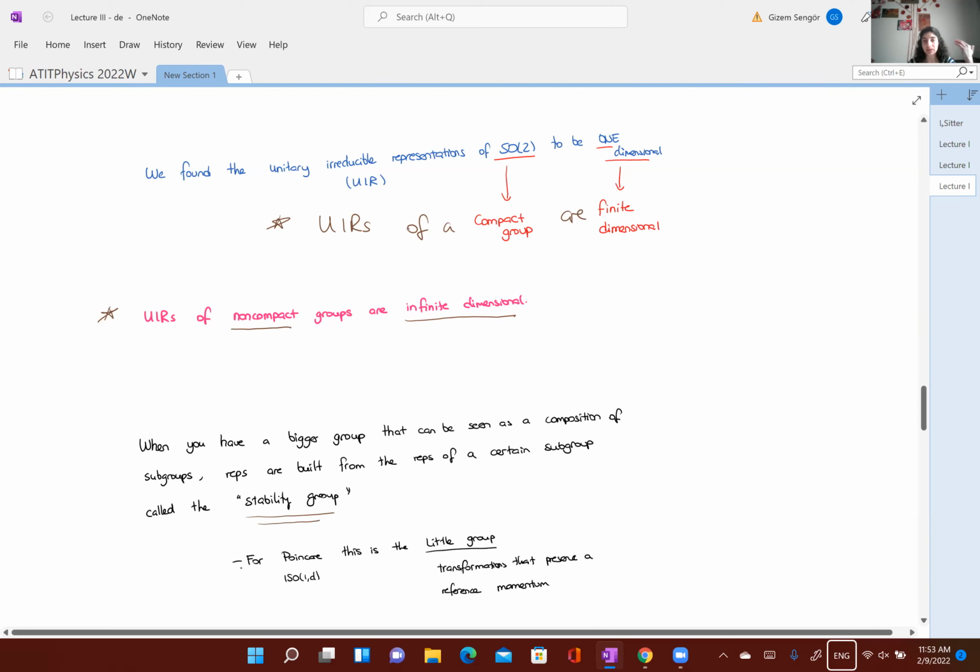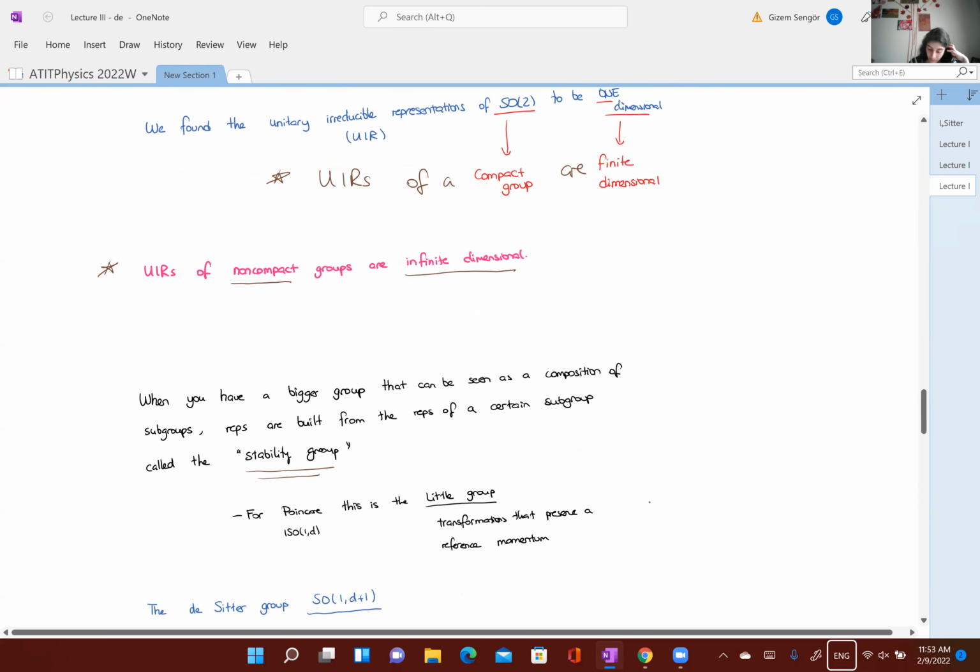This stability group leaves some things invariant. For example, for the Poincare group, the stability group is called the little group, and it's the set of transformations that preserve a reference momentum.